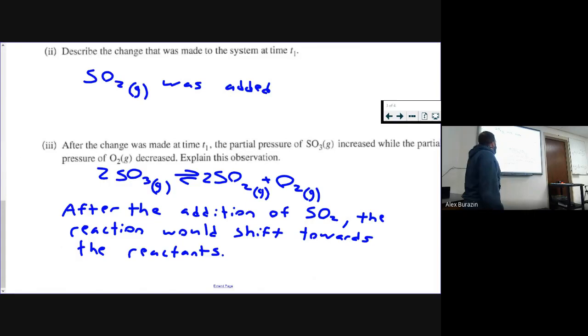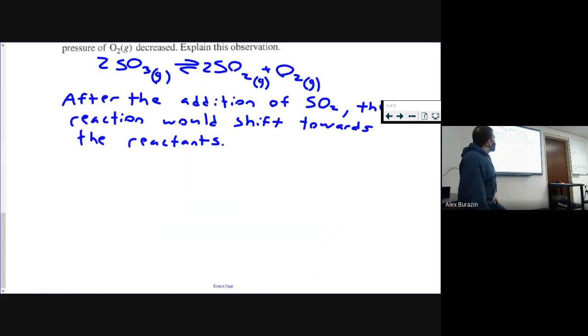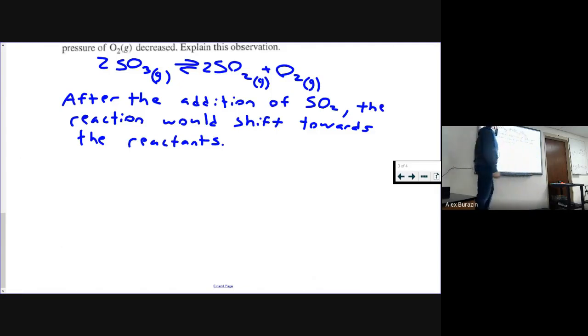After the addition of SO2, the reaction would shift towards the reactants. I think that's the crux of what they want. So I add SO2, it shifts towards the reactant side, so I'll make more reactants. I want to talk about reestablishing equilibrium.